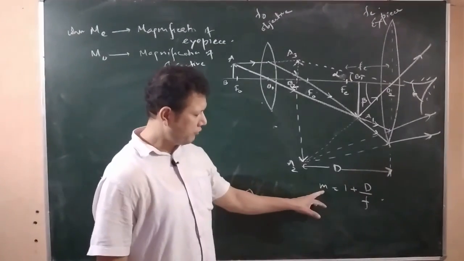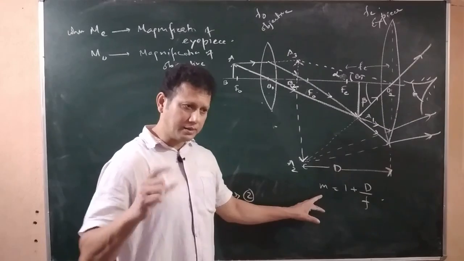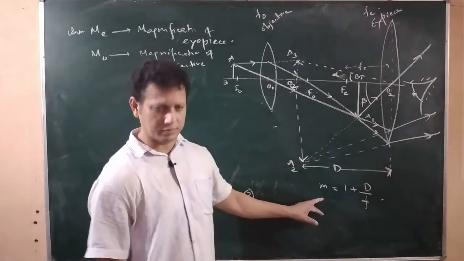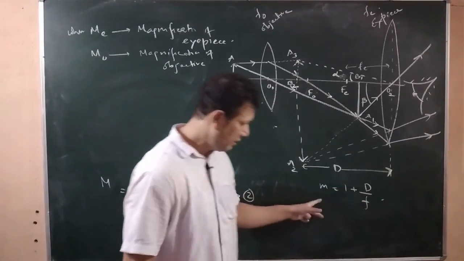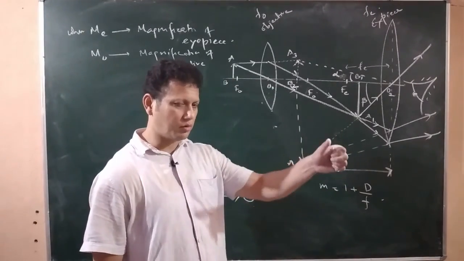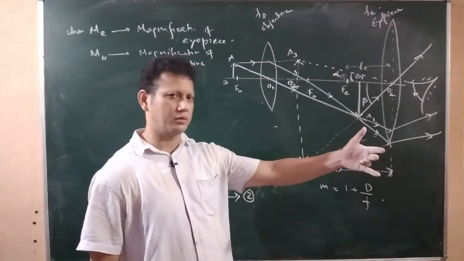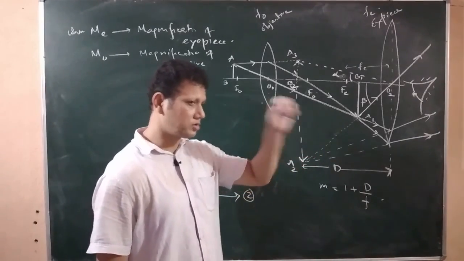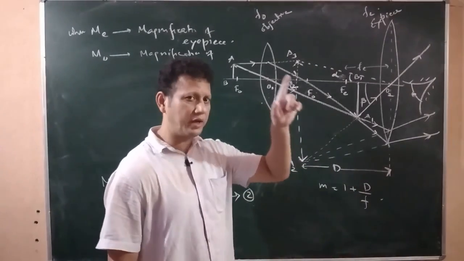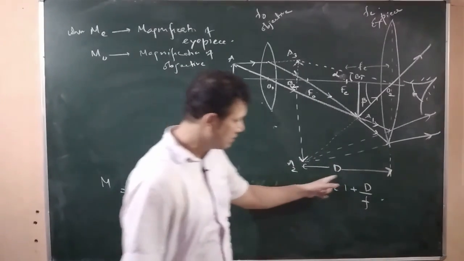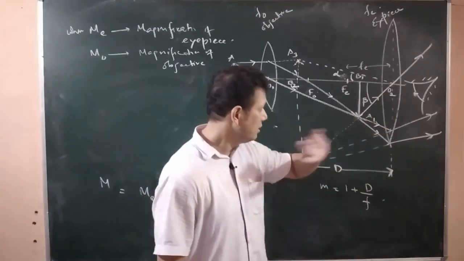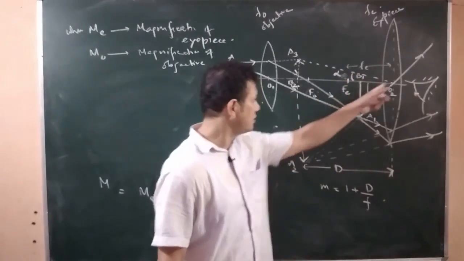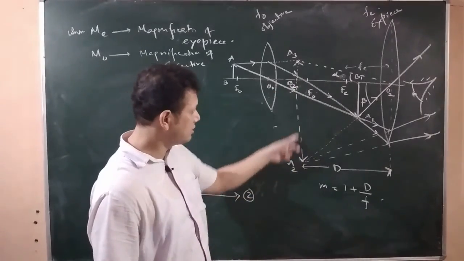This is the magnifying power of a lens which produces an image at the least distance of distinct vision. So we can use this formula for this lens, because it forms the image at the near point.